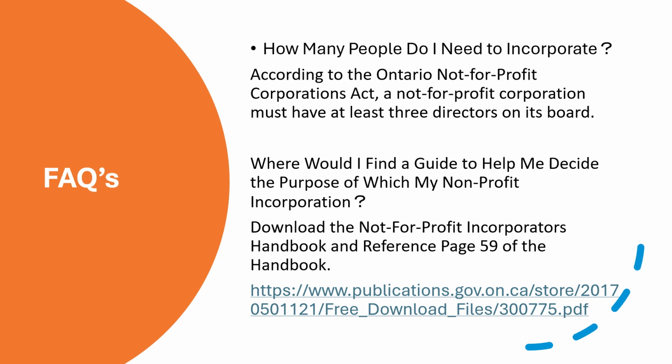It tells you what verbiage you could provide when you're registering your business to answer that required detail, which is what is the purpose of the operations of your incorporation. So that's a great book to have. It's free to download. Google the Not for Profit Incorporators Handbook and go to page 59. A great read.